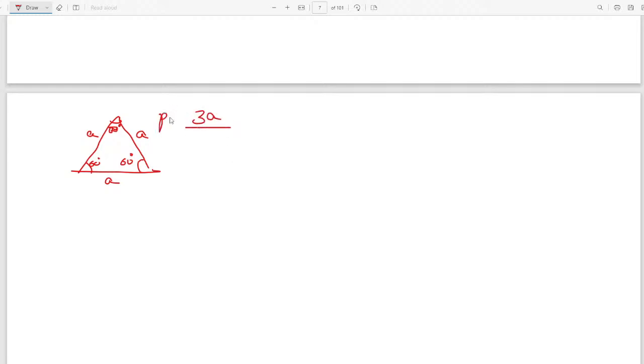This is the perimeter, and the area will be given by root 3 by 4 a square. This is the area of an equilateral triangle. This is one kind of triangle, the equilateral triangle.